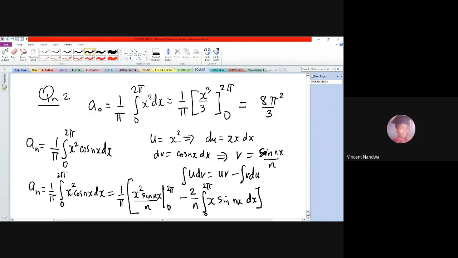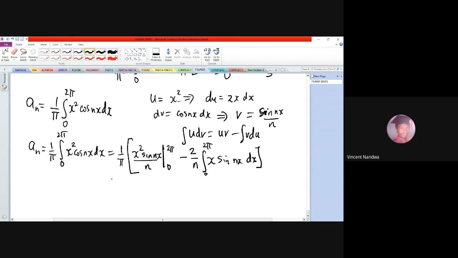So this is what we have. When you put 2 pi here, it will be sine of 360, multiples of 360, and that gives us 0. Therefore the upper limit is 0 and also the lower limit is 0, so all this part goes to 0.